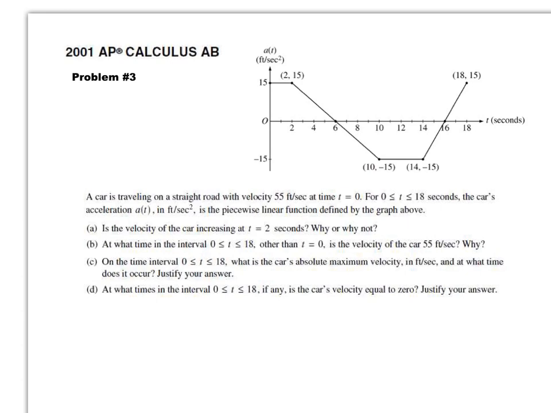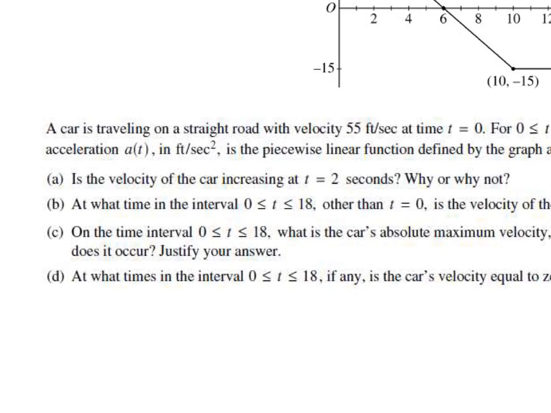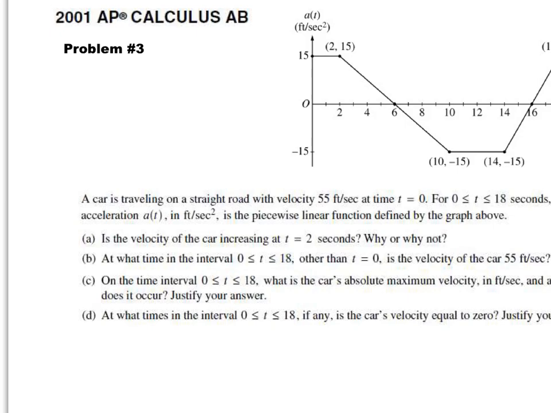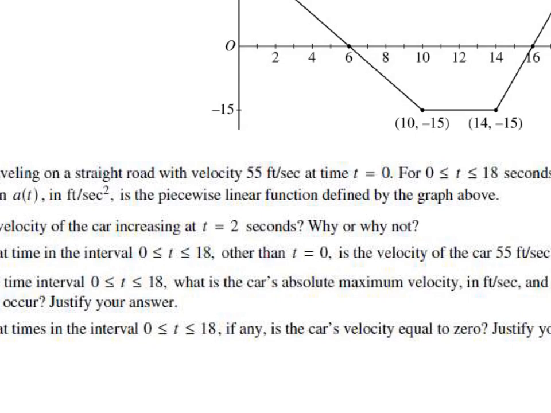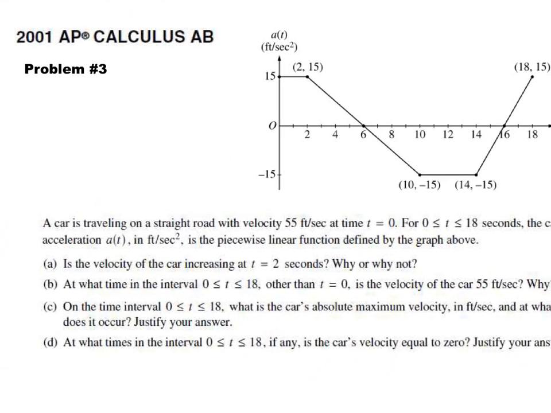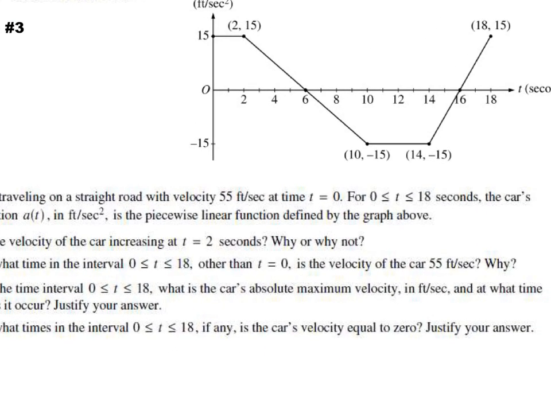Okay, this is an actual AP problem from 2001, worth finding, worth doing. Looks like they think you could do all 4 parts. A car is traveling on a straight road with a velocity of 55 feet per second at time t is 0. And time goes from 0 to 18 seconds.